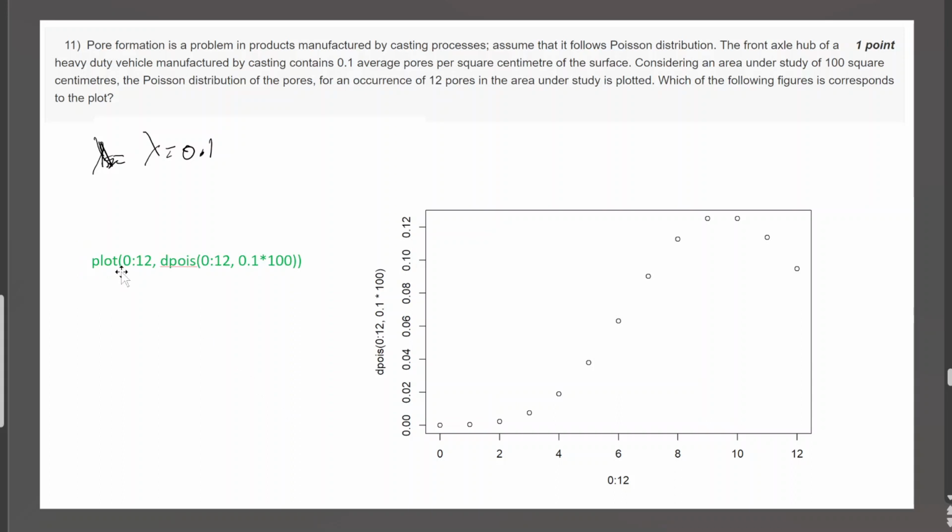What I have done is plot x, as we did before for binomial distribution.